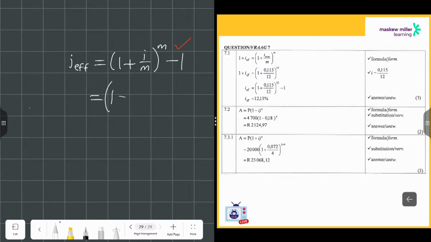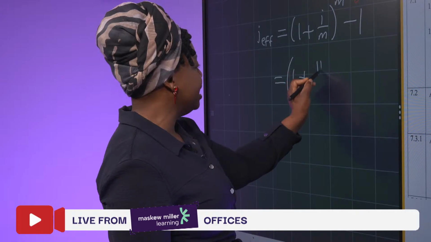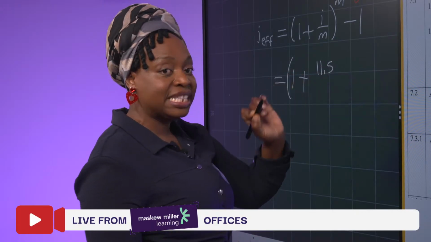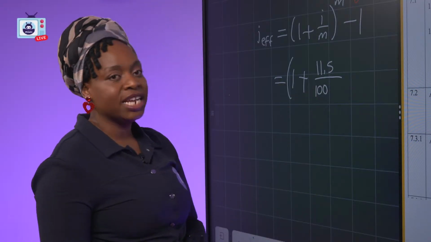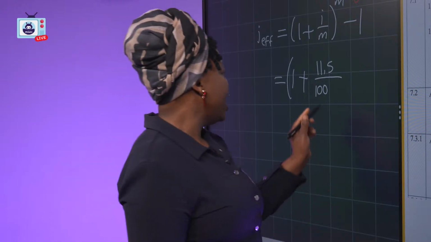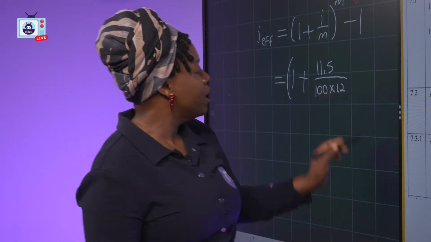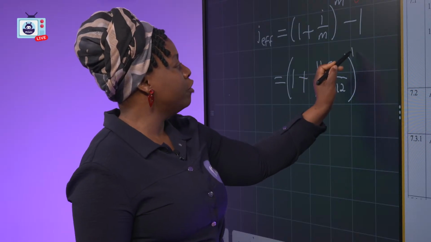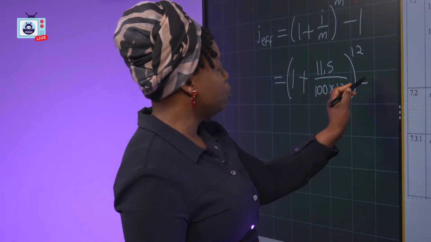So that is 1 plus our I was given as 11.5. So please don't rush, just write 11.5% or divide it by 100 so that you know that is what you have. Since it's compounded monthly, as the statement says, you're going to have 12, like we did with the previous question, and then you subtract 1.